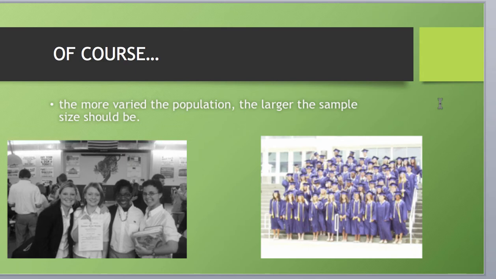Okay, of course, the more varied the population, the larger the sample size should be. So if you wanted to look at the math scores of high school seniors in a large school district, you drew a random sample of 30. Okay, since there is likely to be more variation in math ability in a large school district, a sample of 30, 40, 50, even 60, since it is random, might have misleading results.